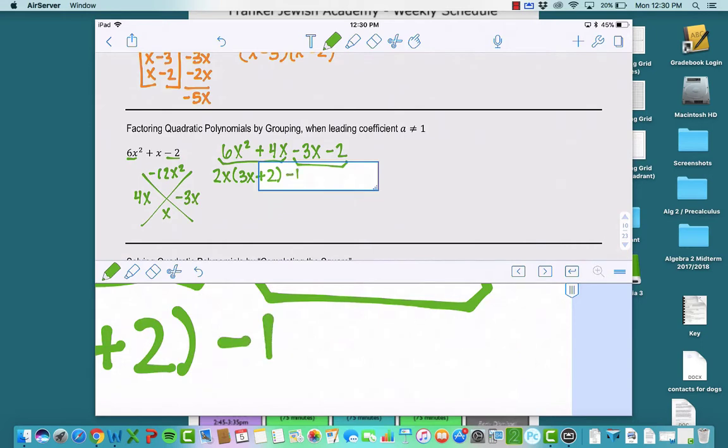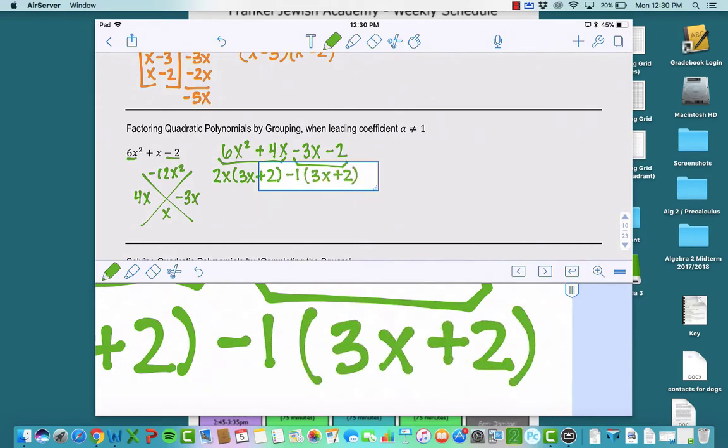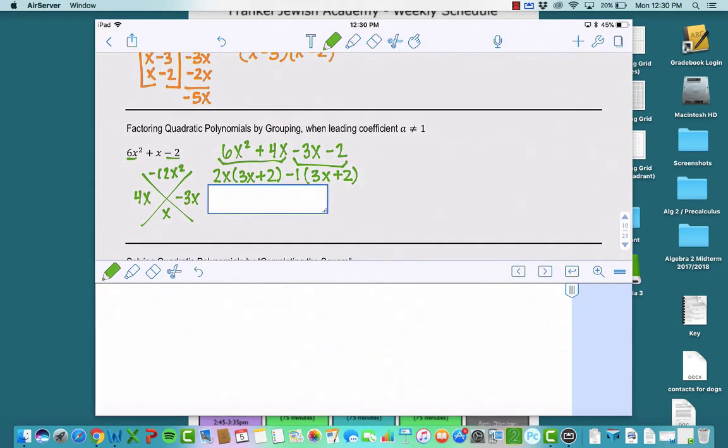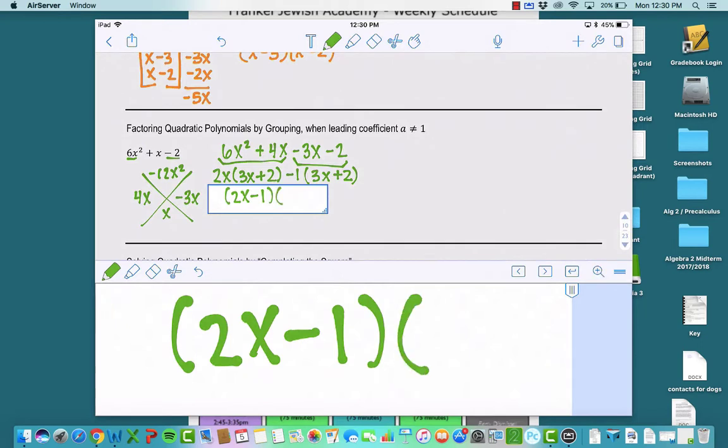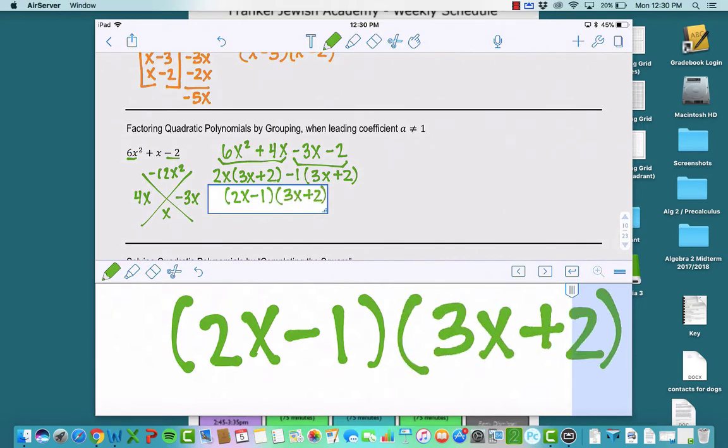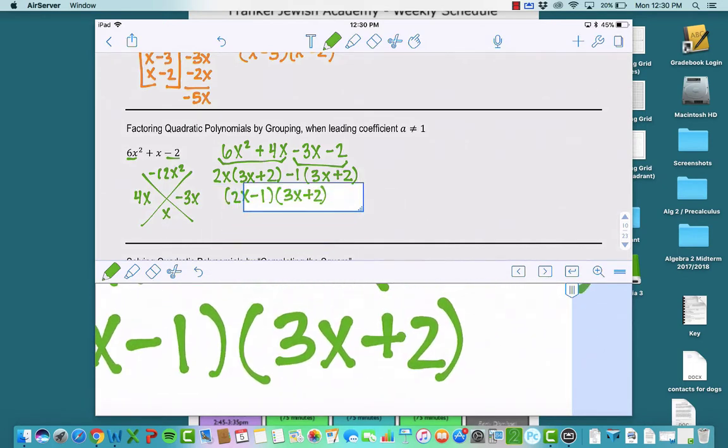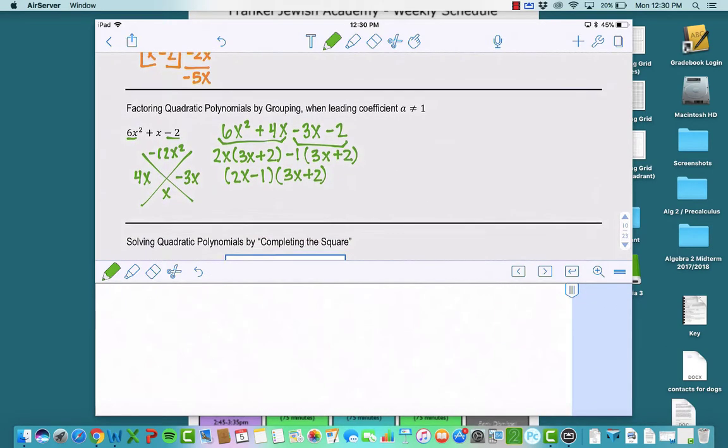I factor out a negative 1 from these to get 3x plus 2. We do grouping right when we get the same in each parentheses. So you end up with 2x minus 1 and 3x plus 2. You put what's outside of the parentheses in one set and what's inside the parentheses in the other set.